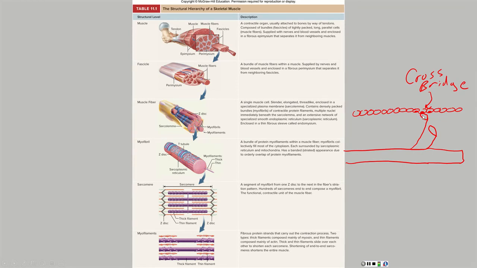But that doesn't happen in resting muscle because we have that tropomyosin wrapped around the actin in such a way that it covers up the active site. Okay, so again, this is all review so far. This is just to prep us for the things that we're going to talk about today.